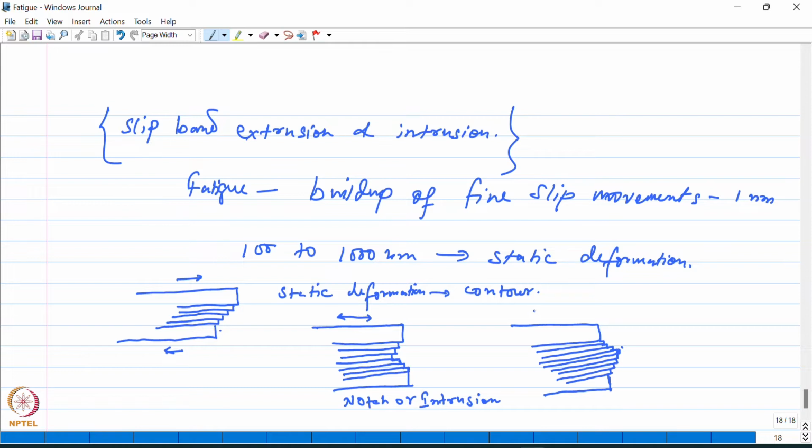Or it can lead to formation of this kind of ridge or extrusion.